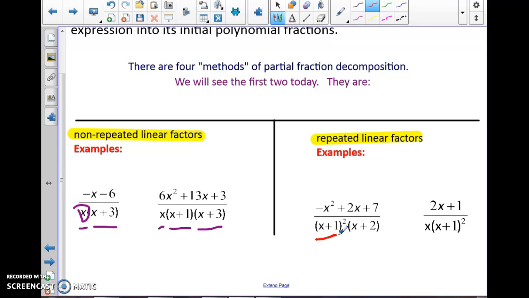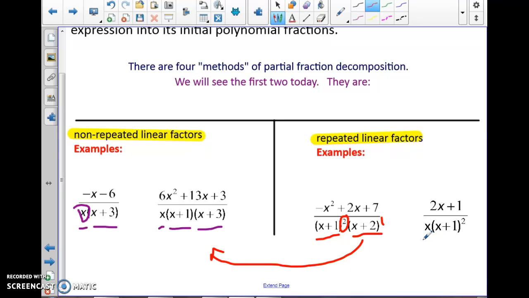Here I have my first factor of x plus 1, but because it's raised to the second power, we would say that this factor is repeated. It's like x plus 1 times x plus 1. The same thing here, we have x plus 2, but it is actually to the first power, so this x plus 2 falls into the non-repeated category. So this problem actually has two different types of factors, a repeated and a non-repeated linear factor.